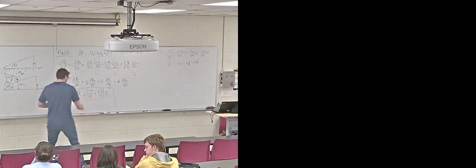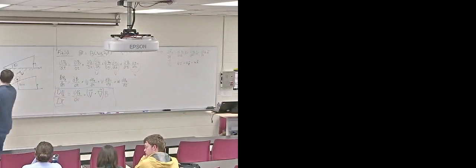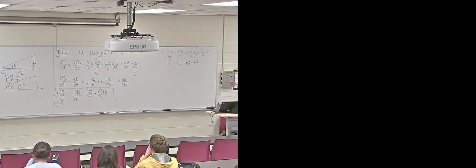So let me write it one more time here, dh dt is equal to partial h partial t plus u dot grad h, so that means this component goes to 0, all right?